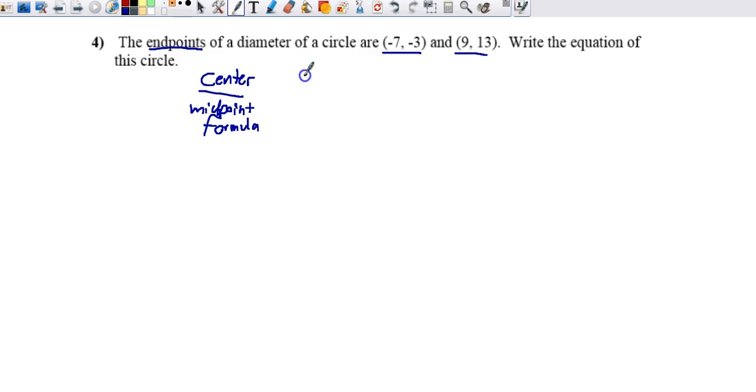Recall the midpoint formula is the average of your x's, x1 plus x2 divided by 2, and the average of your y's, y1 plus y2 divided by 2. So you can label these x1, y1 again, x2, y2, and get that stuff in the midpoint formula. That's going to be your center.